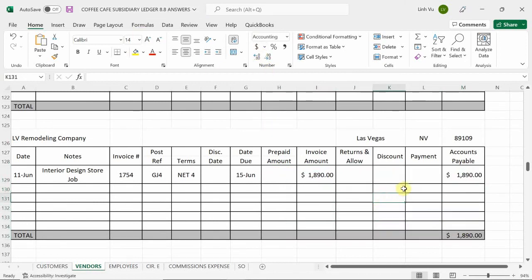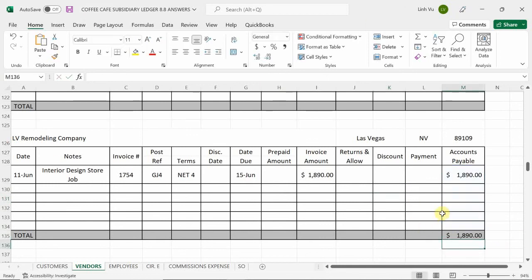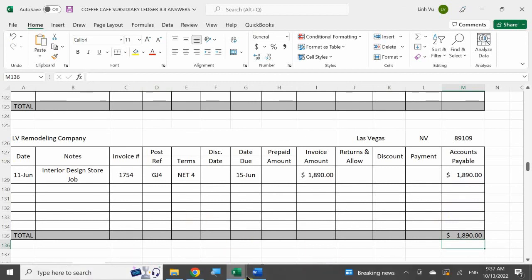Okay. So again, down at the gray is your total amount of all the things that you owe a particular vendor. So if you don't have this filled in, it's just equal sum. Or in this case, it's up to you if you want to know how much you owe this entire company.